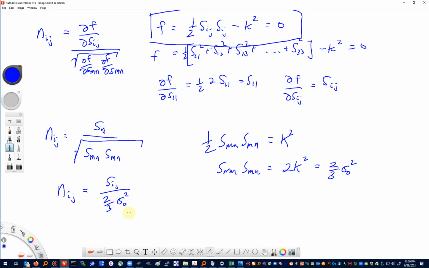Now, sigma naught, we have to be careful. That's the current von Mises stress. Since we're doing isotropic hardening, we have to make a note of that. That term is going to be updated.